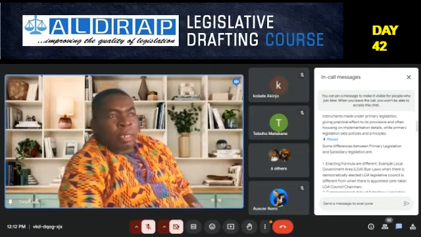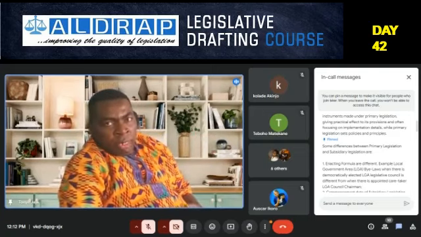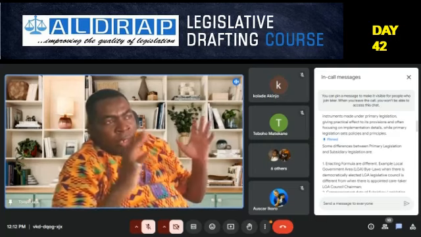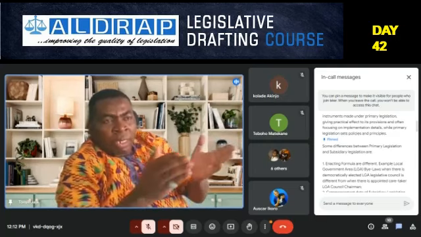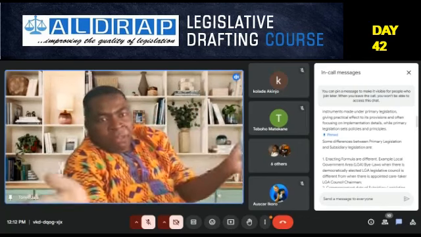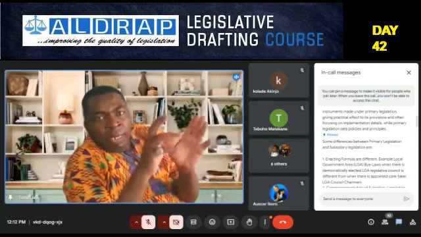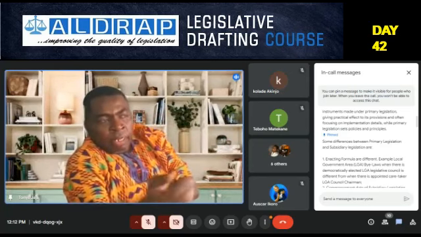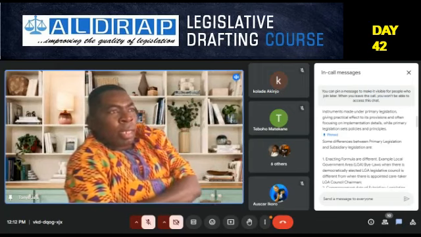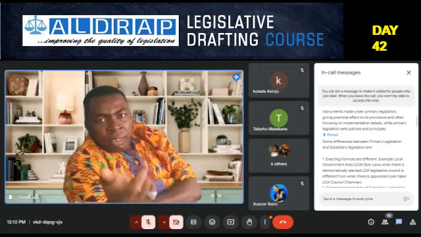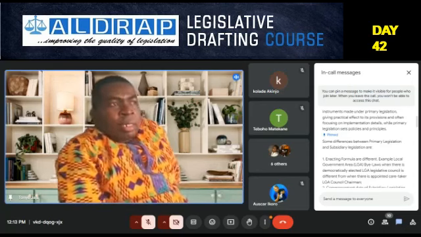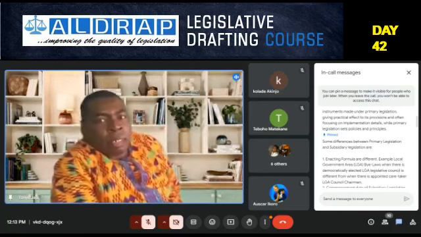The practice in Lesotho is that subsidiary legislation, when it's drafted, is laid before Parliament. And within 15 days, Parliament can accept or decline. And if it is accepted, it's published in the Gazette. This is the procedure in Lesotho.